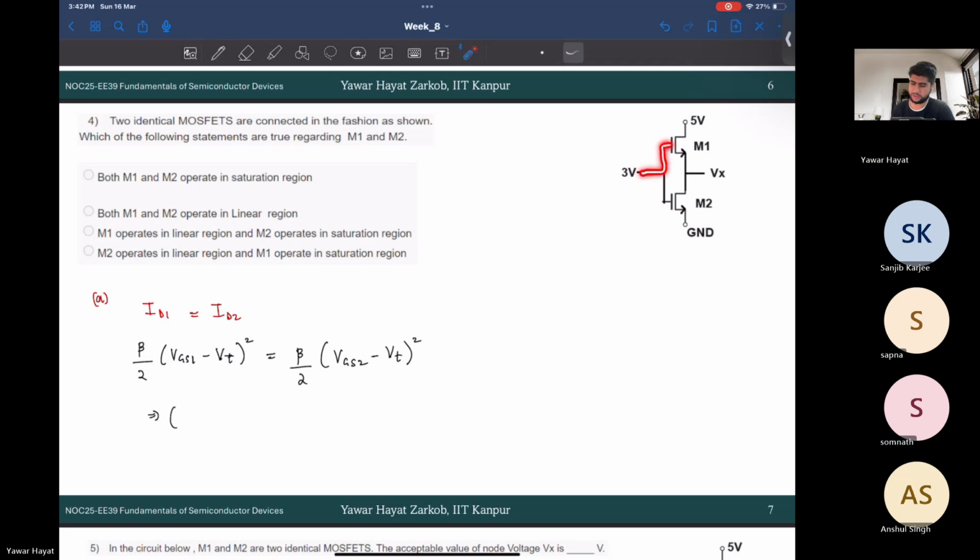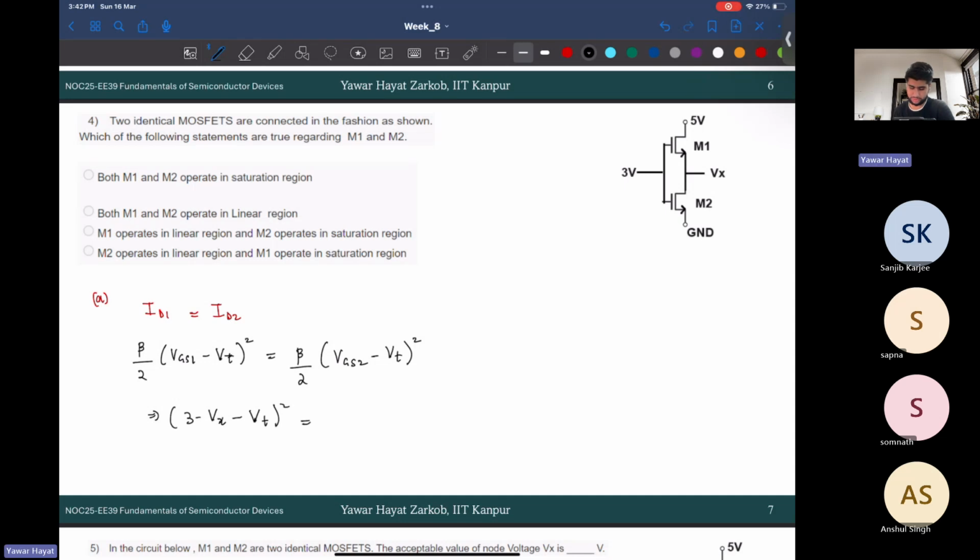And what is the source? It's not grounded, it's Vx. So your VGS1 will be 3 minus Vx. You agree? Yes, sir. And then I'm having this minus Vt also.